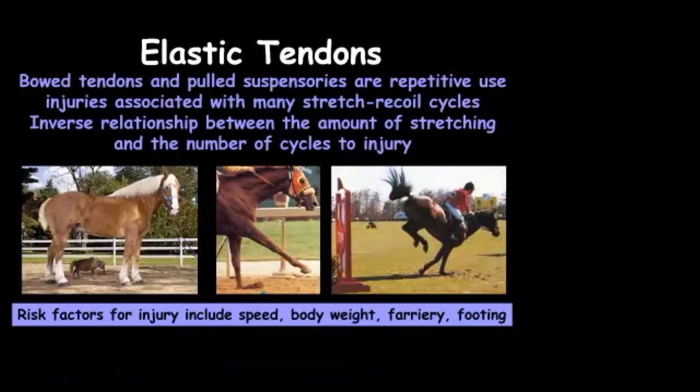So the higher the loading, the fewer the number of cycles that are required in order to cause injury. And risk factors that make injury more likely include the speed of locomotion, the body weight of the horse, and the type of farriery and footing that the horse is working on.